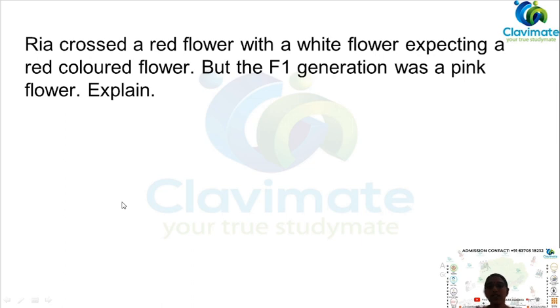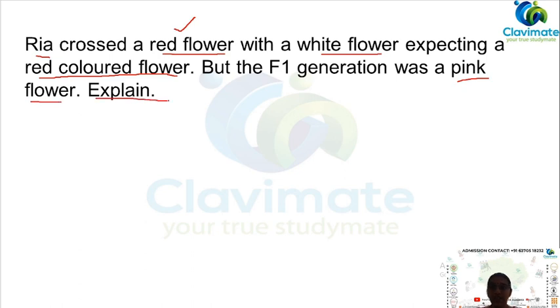So let's go to the next question. Ria crossed a red flower with a white flower. She expected a red colored flower on the basis of dominant and recessive traits, with red being dominant, but what she got was a pink flower.